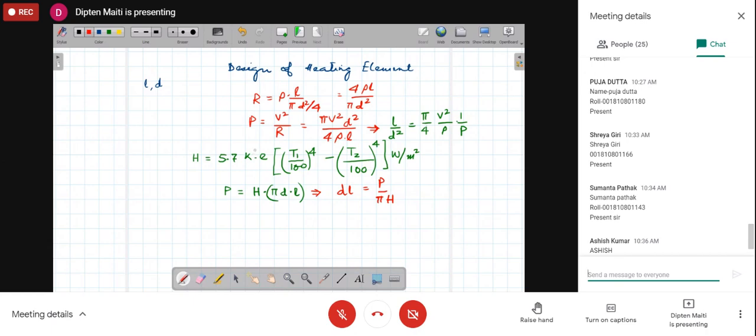So here we must know the temperature of the resistance, or if the resistance has a temperature property, in that case this T1 should be the maximum allowable temperature, and T2 of course should be known because that is the temperature of the charge that you need to create. And from that you know what should be the amount of power per unit surface area that the unit must deliver. So from that you know what will be D into L.